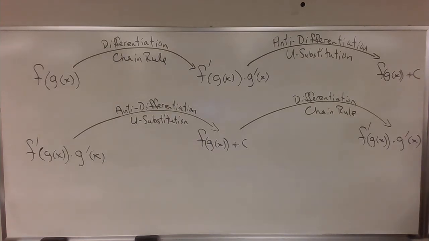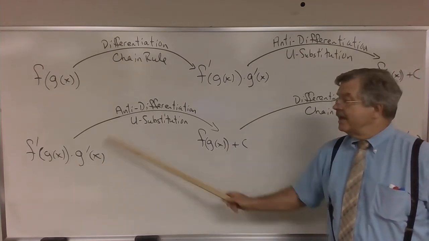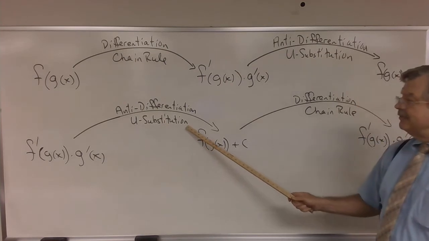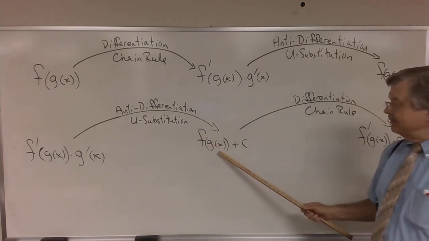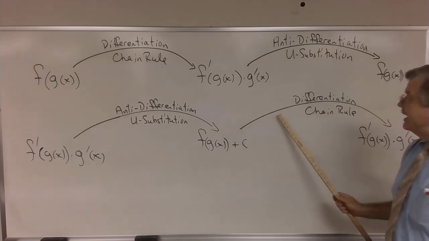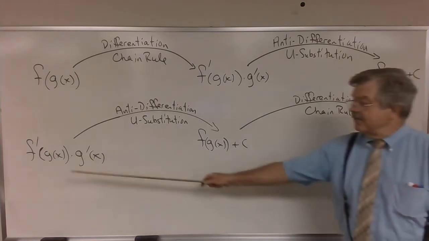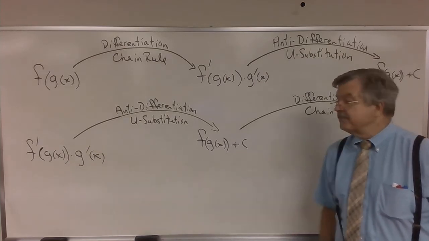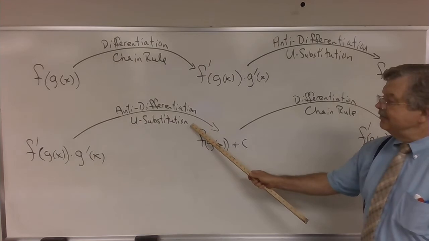The point that we want to make is that if we start with the derivative of a composite function and integrate using U-substitution, we get the original composite function. And then if we turn around and differentiate with the chain rule, we get the same derivative of a composite function that we started out with. In this case, the chain rule undoes U-substitution.